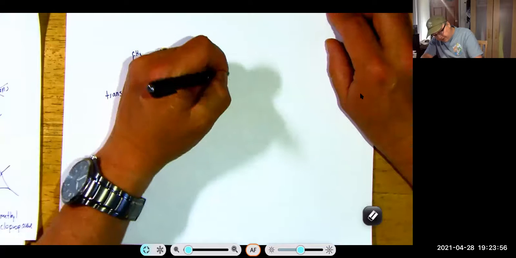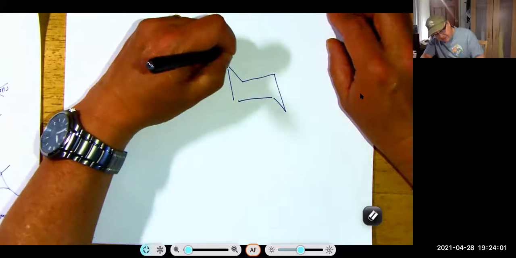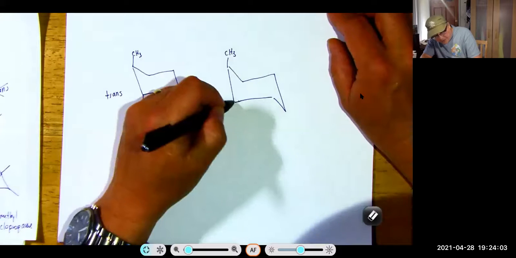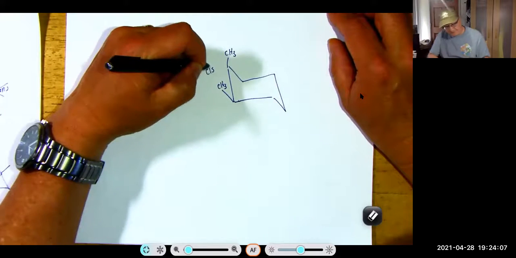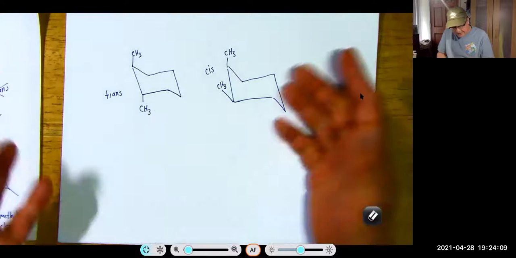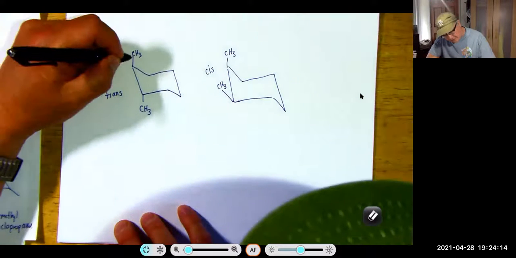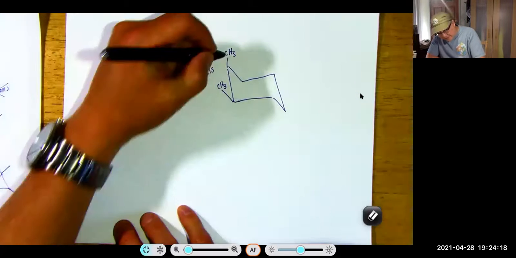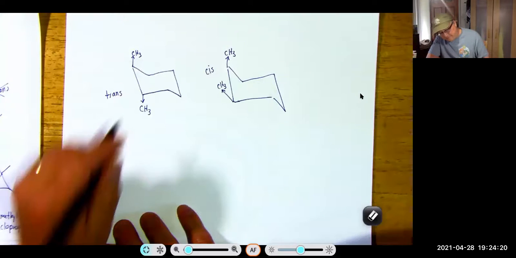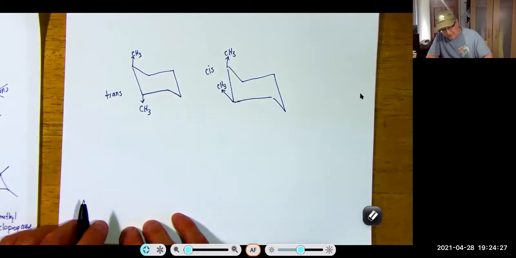Now, if I draw the same thing, and from here I draw this like this, this is cis. So why are these cis and trans respectively? Well, trans, because you can see that they point in the opposite directions. And cis, because they point in the same directions. And honestly, it's really about the hydrogens, not the methyl groups.